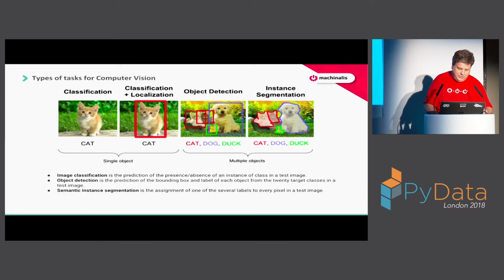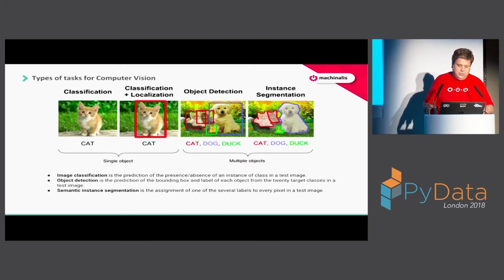So here is a visual example of the problems we solve every day. For classification, we just take a picture and we suppose there's just one subject in the image. It's well focused, and it's like a perfect case of computer vision, which is not the case almost always, but it's a start.